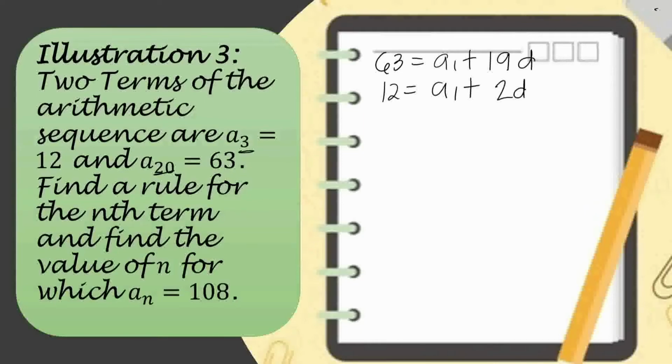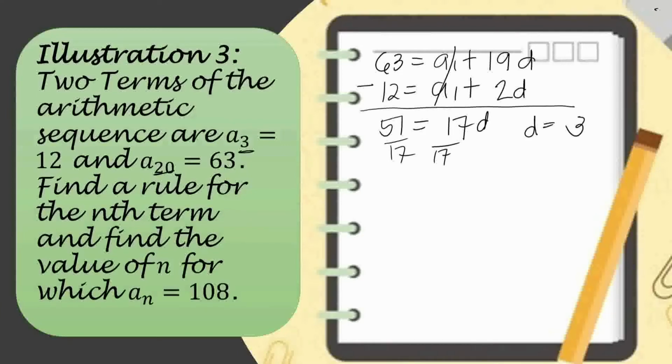So, ipagminus lang natin tong dalawang equations na to para makancel out tong a sub 1 and mahanap natin yung d. 63 minus 12 is 51 is equal to 19 minus 2 is 17d. So, divide natin to by 17. So, d is equal to 3.